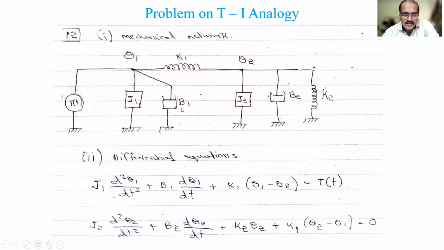Now seeing the equations. At theta 1, J1 will be written first. T of t can be written on the left side or the right side; here I have shown it on the right side, there is no difference.